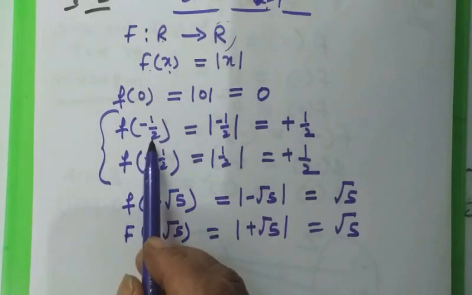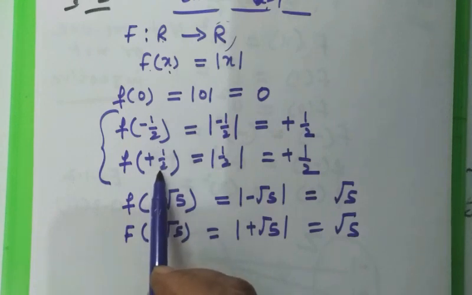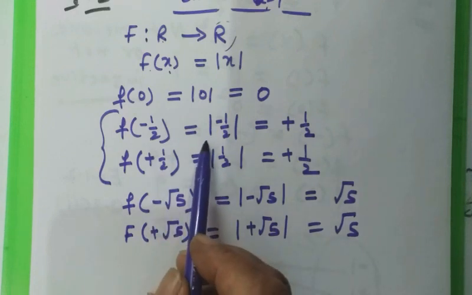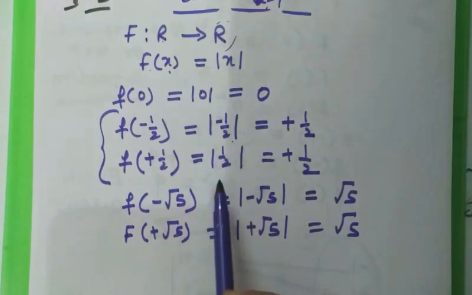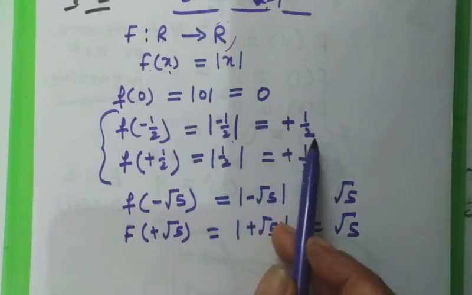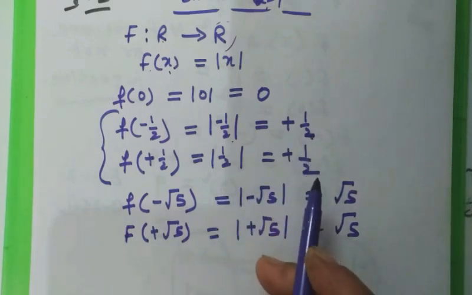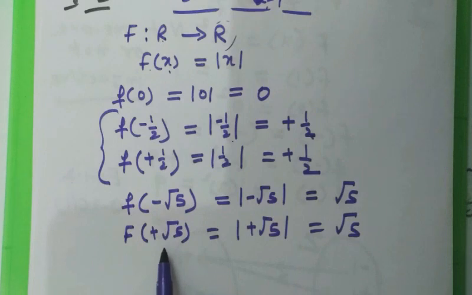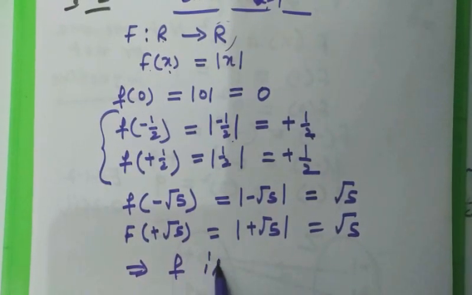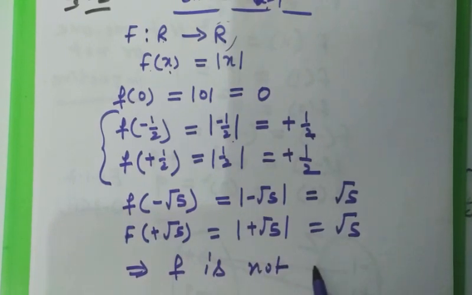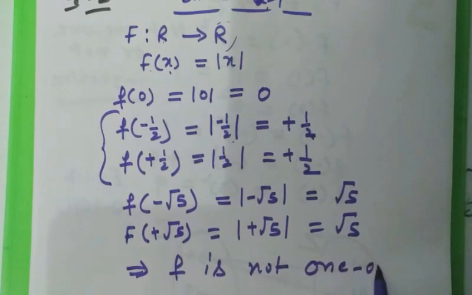I have observed that minus 1 by 2 and 1 by 2 were two distinct real numbers, but their images, that is modulus of minus 1 by 2 and 1 by 2, came out to be the same. Similarly, minus root 5 and root 5 were also two distinct real numbers whose images come out to be the same. So this implies that this particular function is also not 1-1, or it is also not injective.